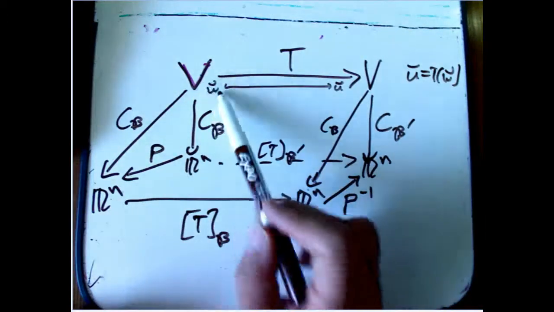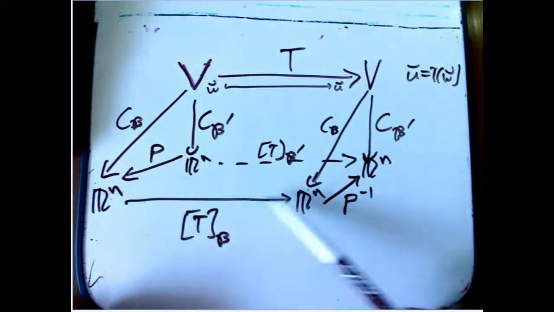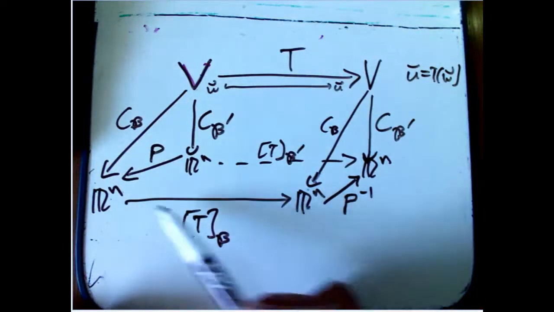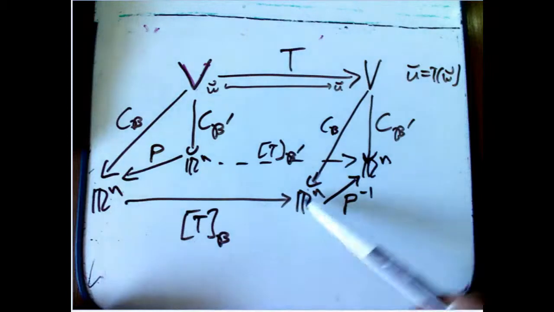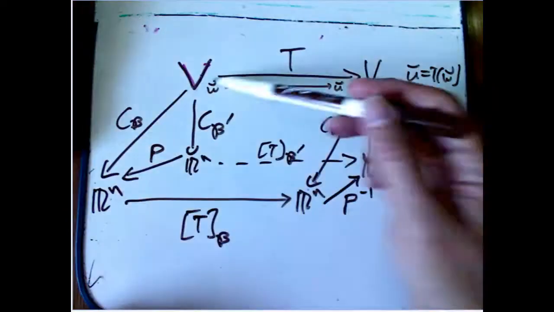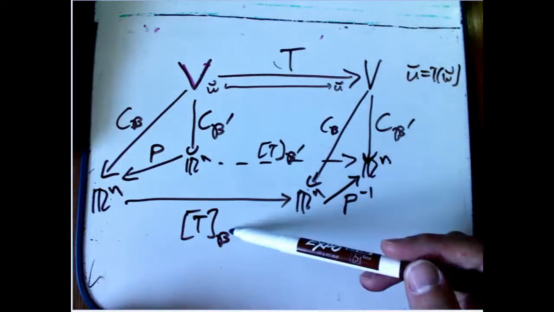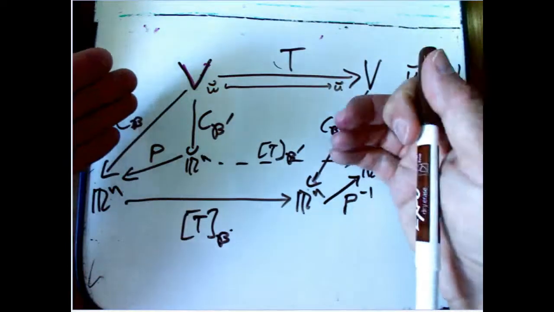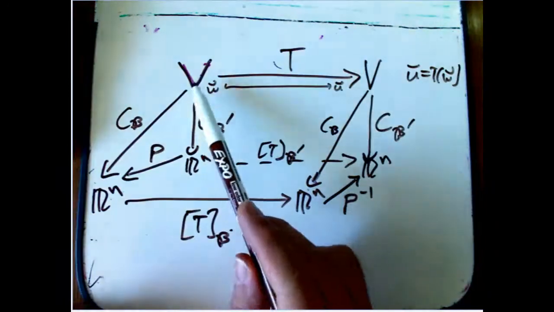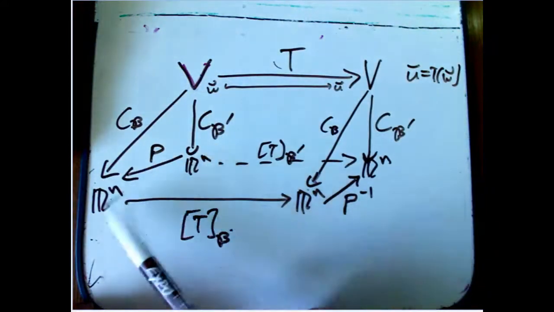We've got this vector U in V. We could use the B version of that, and we could try to figure out how to do the transformation, the geometry, in terms of the B numerical language in Rn. And that's this guy. So there's this slanty square face here. There's a back square face. Those are both how you translate T into matrix language. There's these two triangles on the left and right, which are comparing, for just the same vector, how the coordinate versions of that vector look.